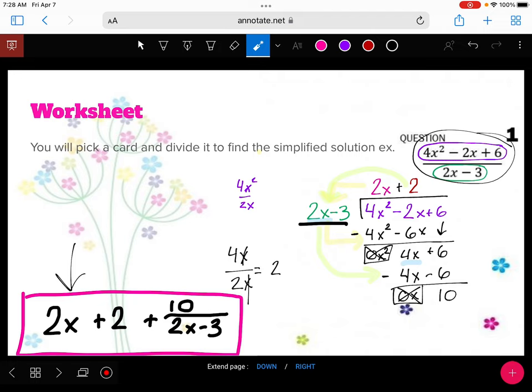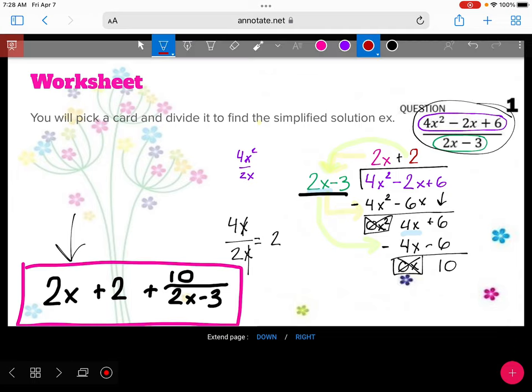Oh, yeah, 12, because 6 plus 6 is 12, and I wrote 10. I'm good at mathing. So that means question 1 is going to lead to question 8.